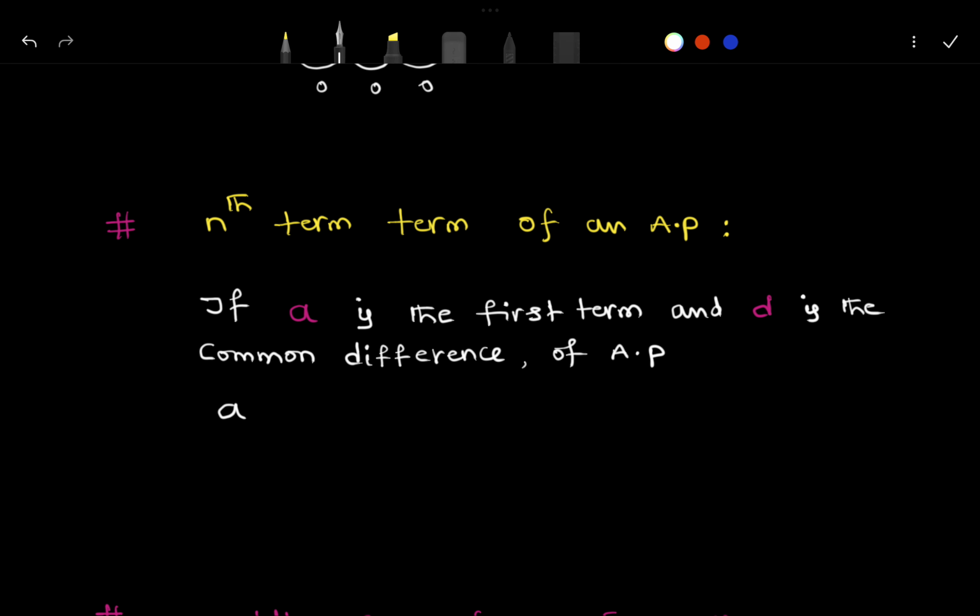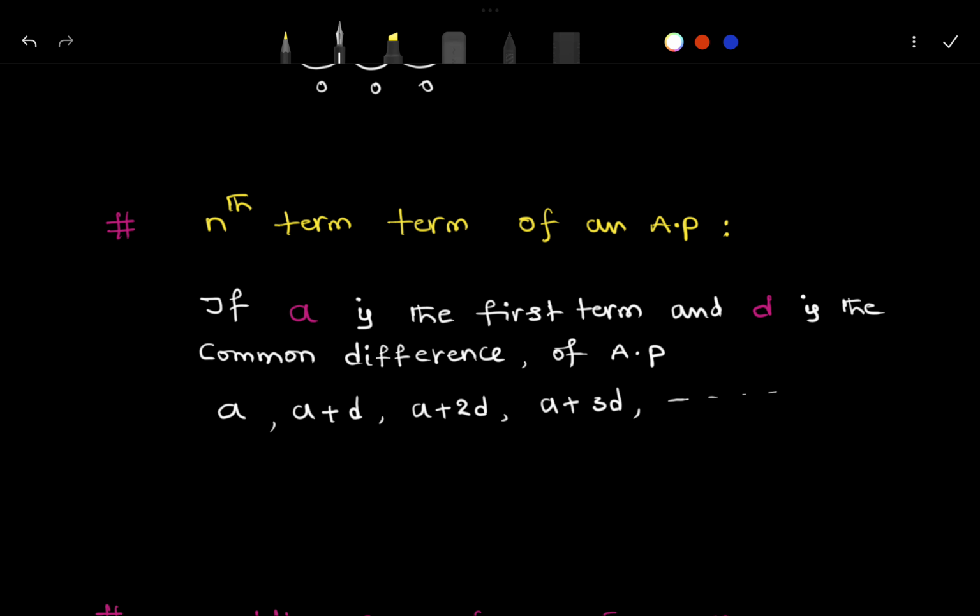Here d is the difference, positive or negative. Suppose you take d as positive. Now the next term will be a plus d, and the next term will be a plus 2 into d, and the next is a plus 3 into d, and so on.